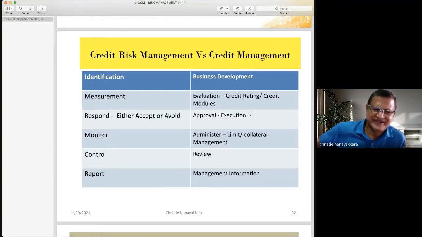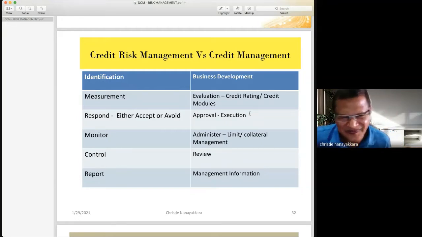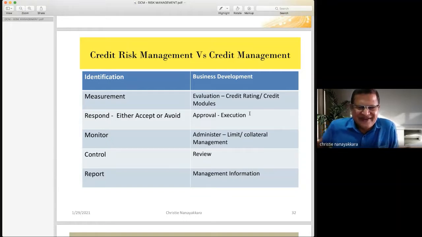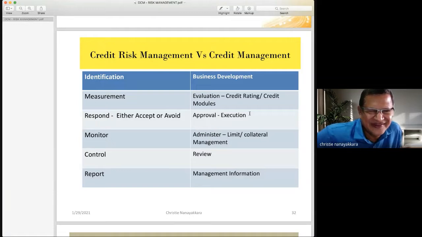And if facilities are not being paid, you will not allow further facilities, or you will recall the facilities you have already granted, and make sure that you will not have an NPA. Now, all these things you also need to report to your management by way of a management information system. So the process looks similar.